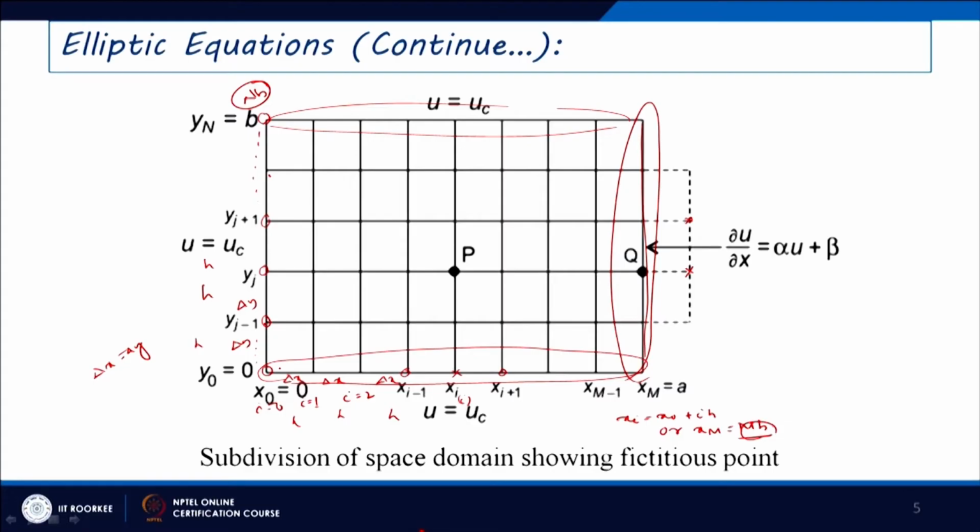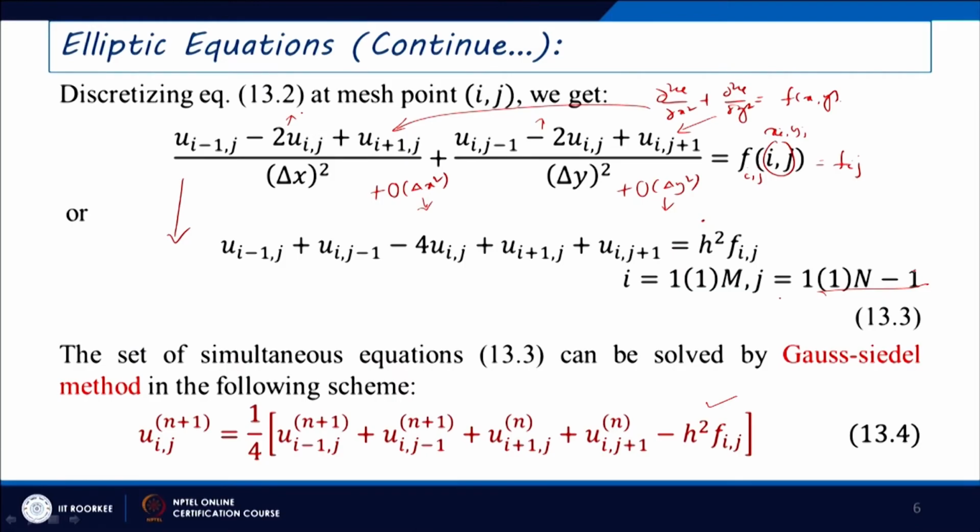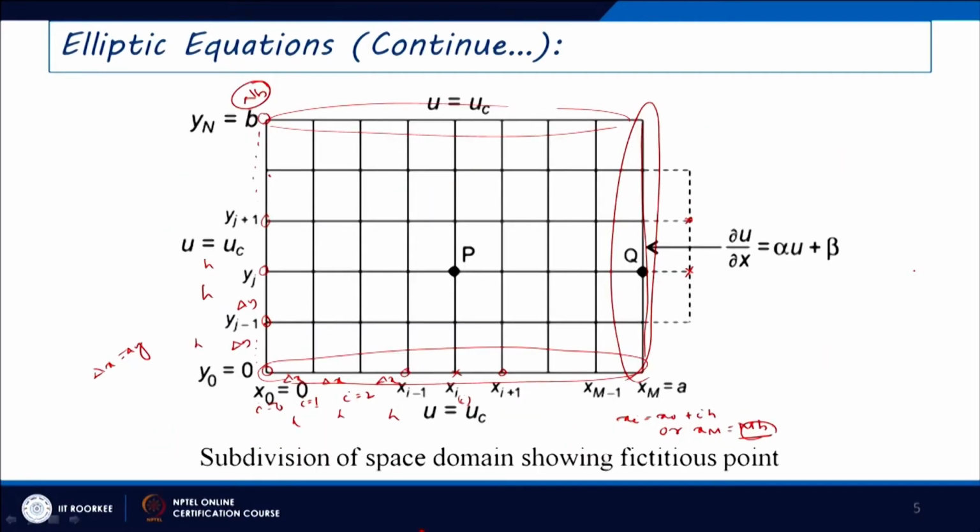That is why the computed value for j will vary from 1 to n minus 1 here. For i, the value will vary from 1 to m, since we are using a derivative boundary condition at the last boundary, so this last boundary value is not known to us.